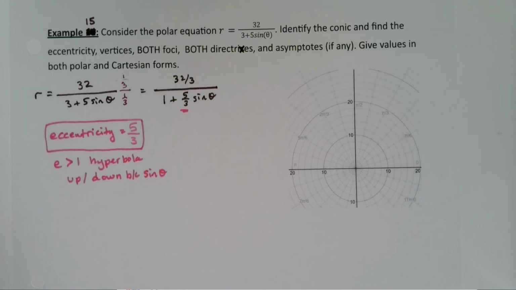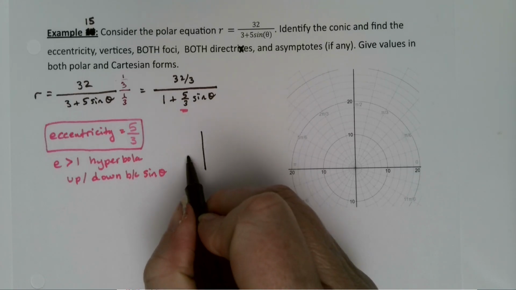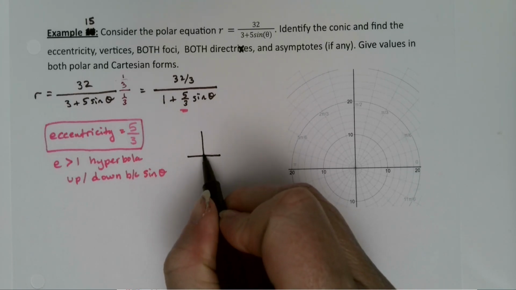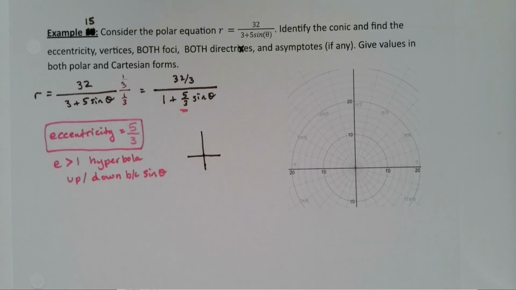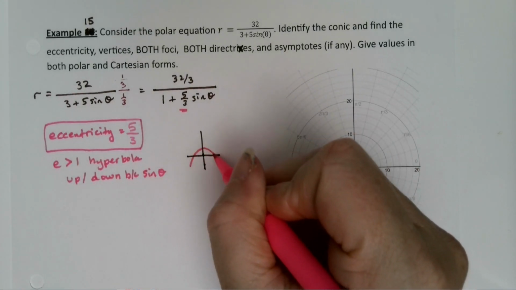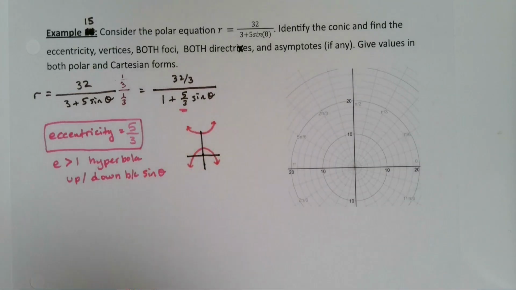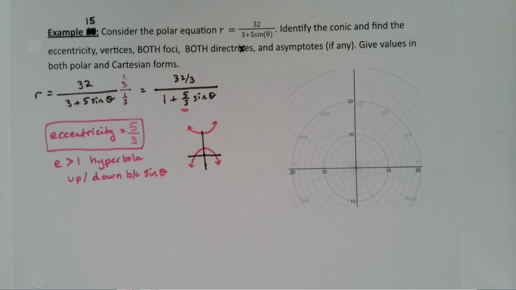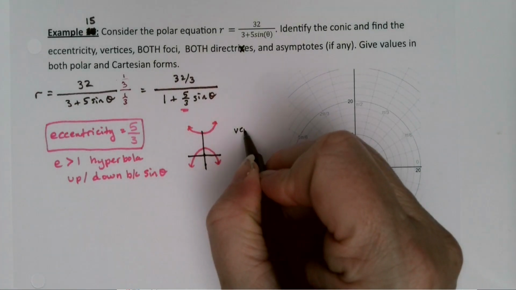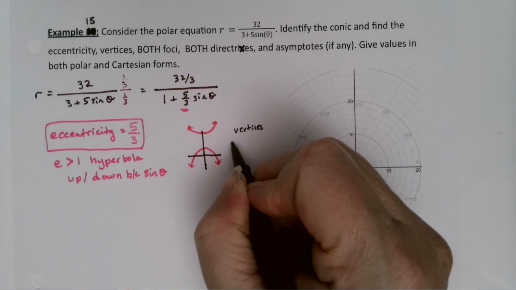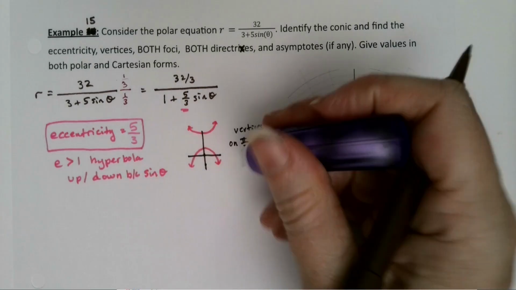Now we think, generally speaking, about what that picture would look like, just real quick. We're going to have the origin right here, and some kind of hyperbola with a focus at the origin, like that. It's going to look like that general shape, which means it's going to have vertices on theta equals pi over 2 and 3 pi over 2.